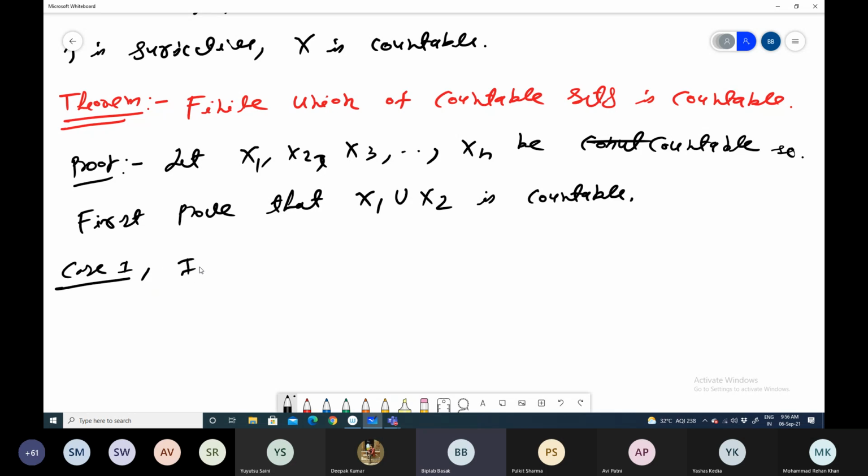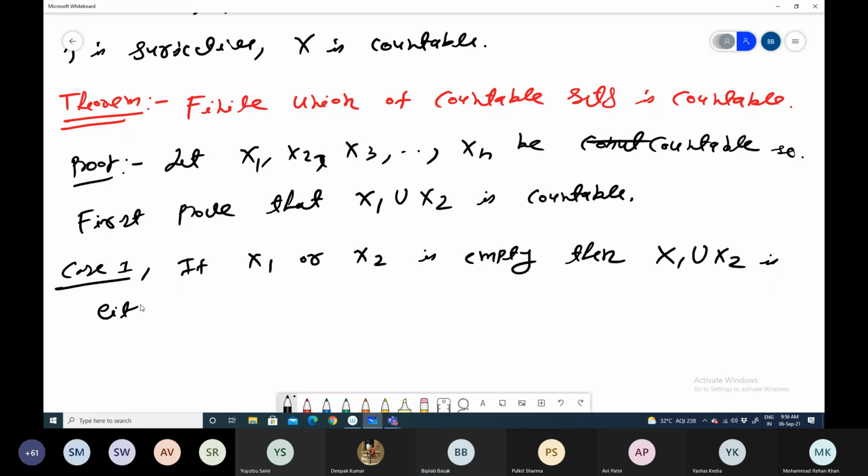So case 1 means if x1 or x2 is empty, then x1 union x2 is either x1 or x2 and hence countable.